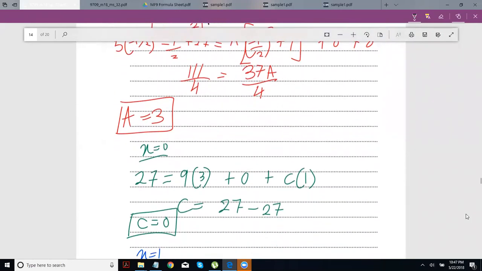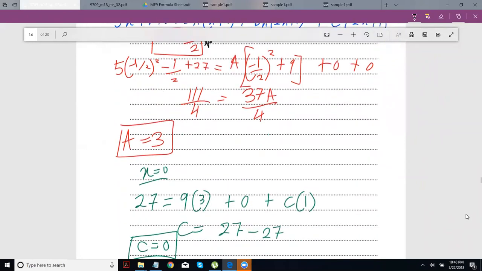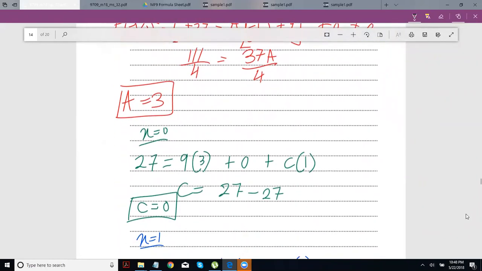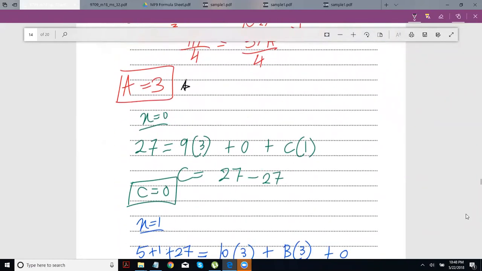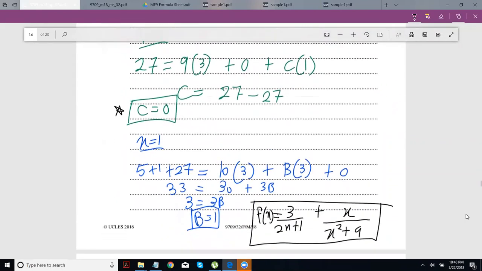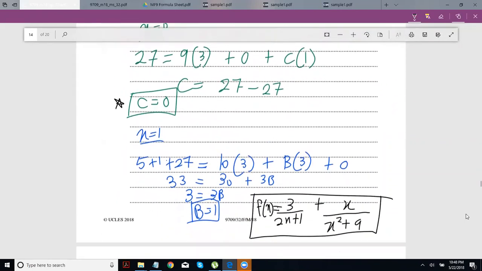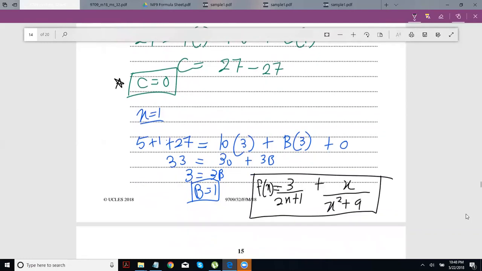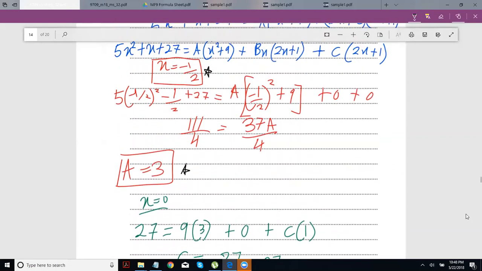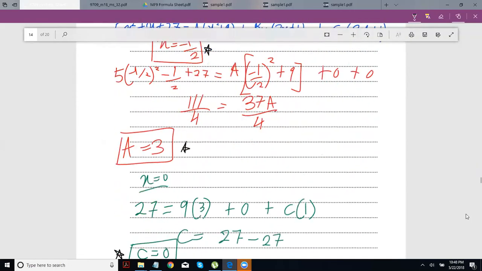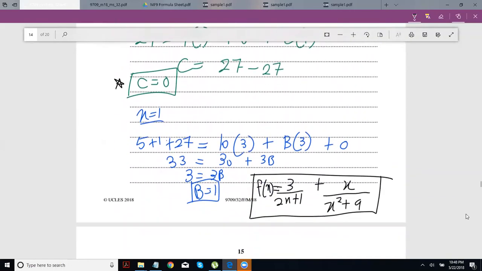If you take x is 0, that makes B 0, and you know A, so you can isolate C and solve for that. And then you just take a convenient value. I took x is equal to 1 so that I don't have to do a lot of calculation. Just put that in and get B. So if anyone wants to pause and go through the steps, more than welcome, but I thought they were simple enough to skip.